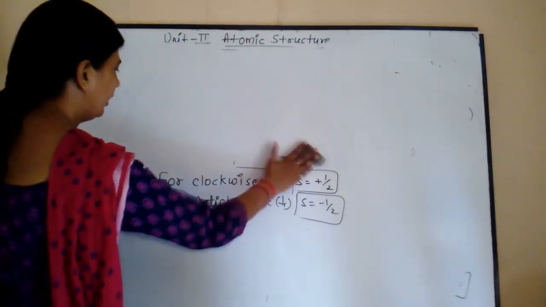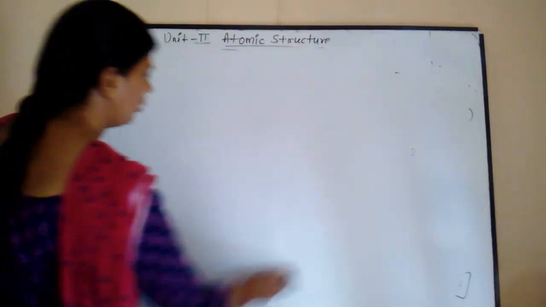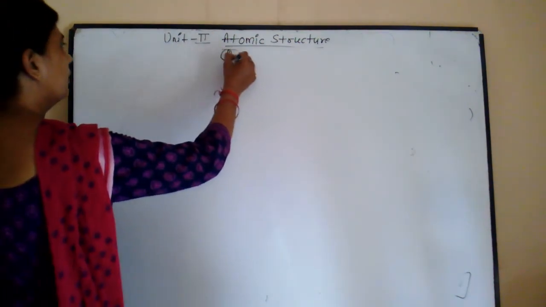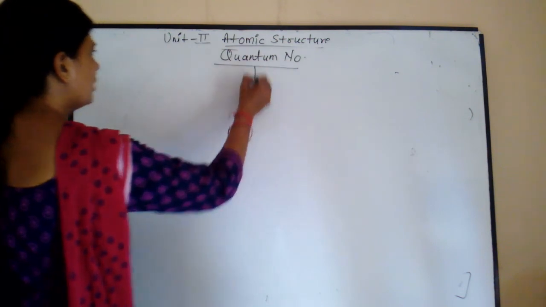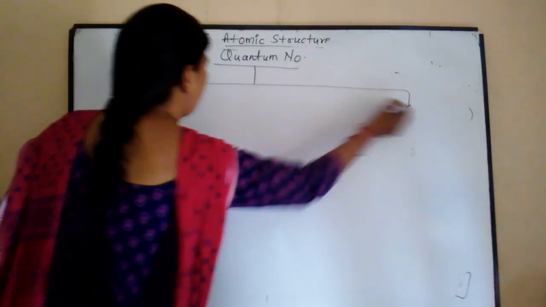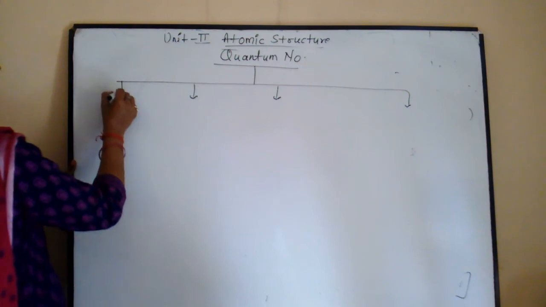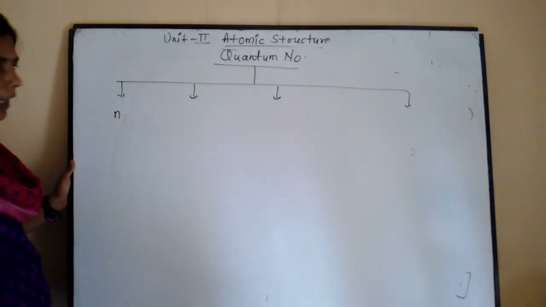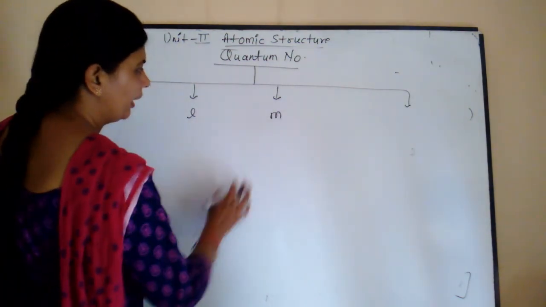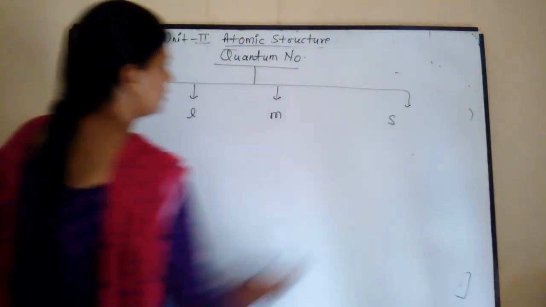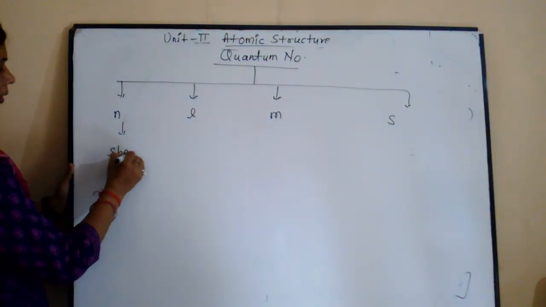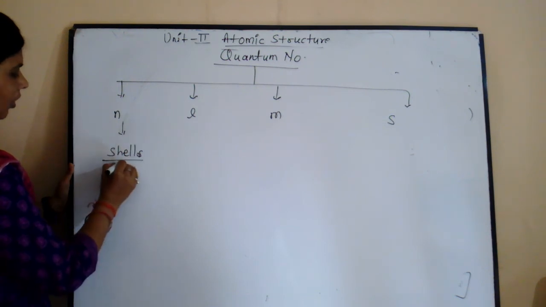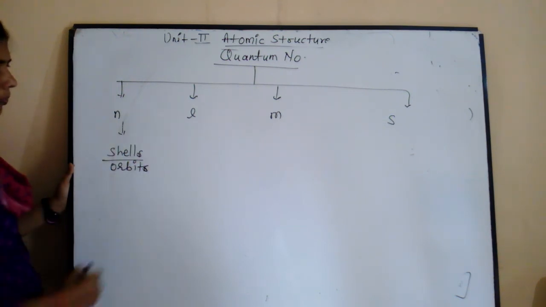Shortly, we again see the 4 quantum numbers. These are the 4 sets of quantum numbers. First is the principal quantum number, denoted by n. Second is the azimuthal quantum number. Third, the magnetic quantum number. And fourth is the spin quantum number. The principal quantum number gives information about the shells or orbits.